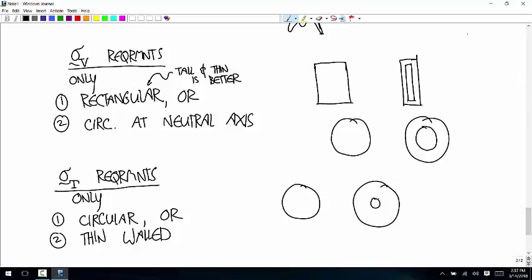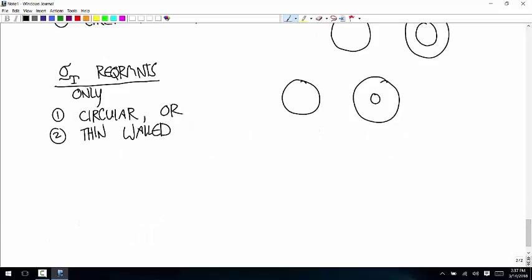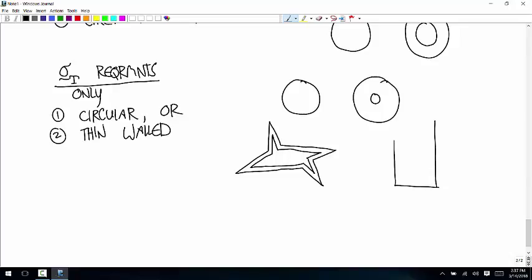We can do hollow circles, and you can do that, and so on. Obviously, we can do simple thin-walled tubes.